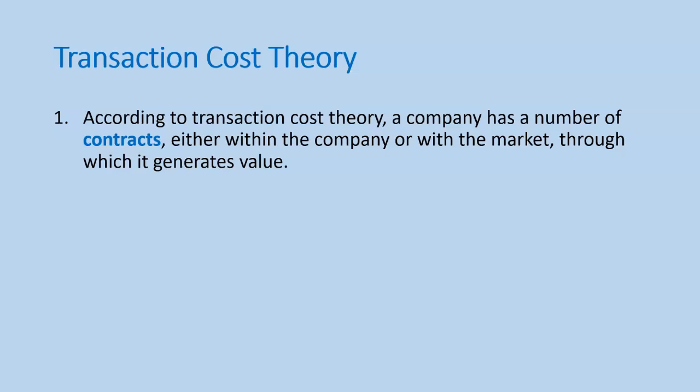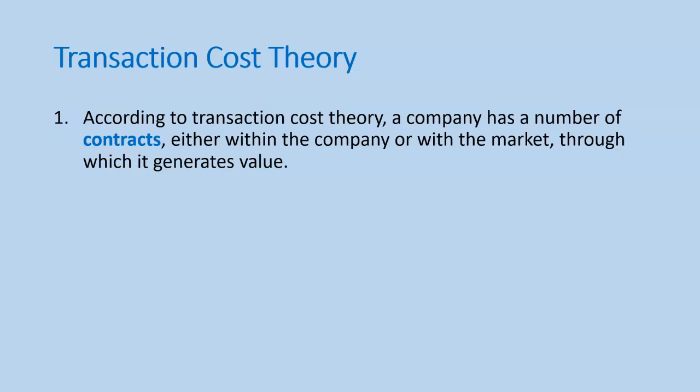Transaction cost theory. According to transaction cost theory, a company has a number of contracts, either within the company or with the market, through which it generates value. Whenever you do some business, you will have contracts specifying such items, the quantity, the volume.